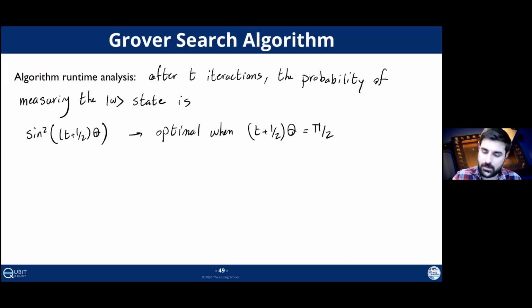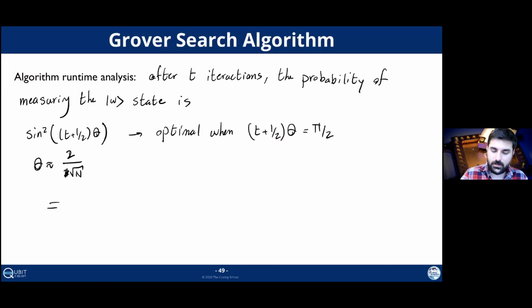And again, let's assume, based on what I've told you earlier, that theta is almost equal to 1 divided by 2 square root of n. Or sorry, it's 2 times square root of n.